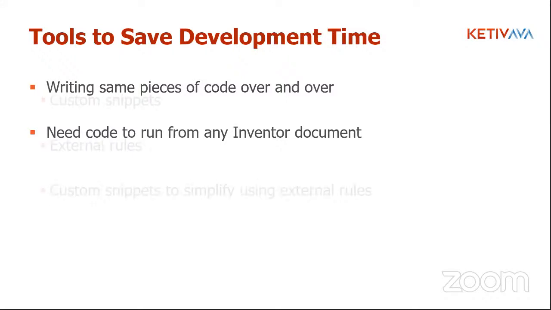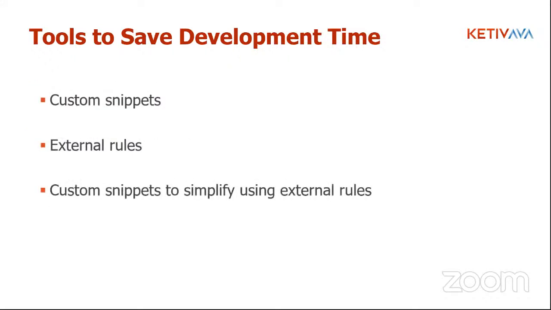But today, we are going to check out some tools that will help you to reuse your code. Custom snippets let you save blocks of code that you use often, so you don't need to write them each time. External rules make it possible to extend the functionality of an iLogic rule so that you can use it from any document instead of just the document that it's created in. And then finally, we're going to show you how to take advantage of custom snippets to make it easier to call on your external rules.